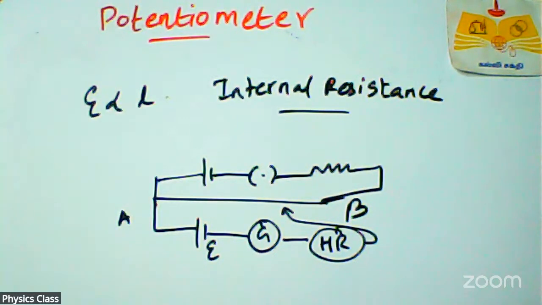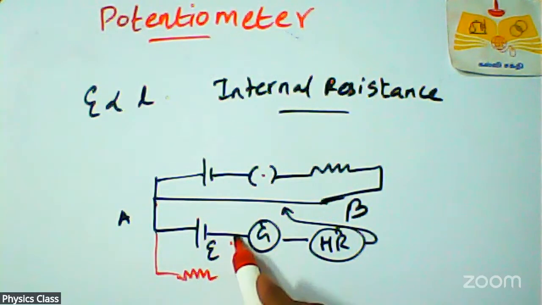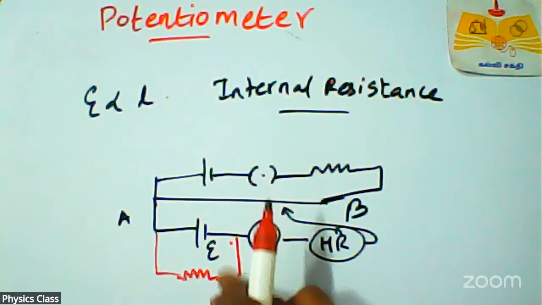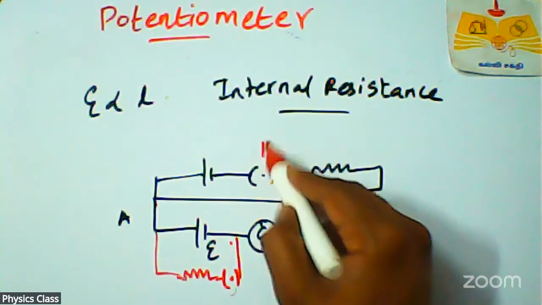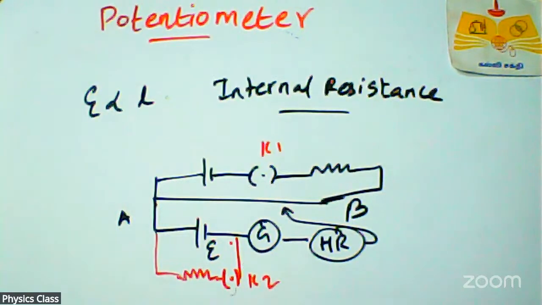Clear? But in this circuit, another important device should be connected, that is a resistance. That is an external resistance, the main resistance box. This is very important for this device. For this case, another key should be connected. So this is K1, this is K2, key 1, key 2.